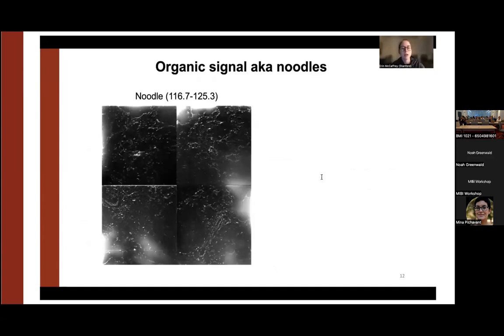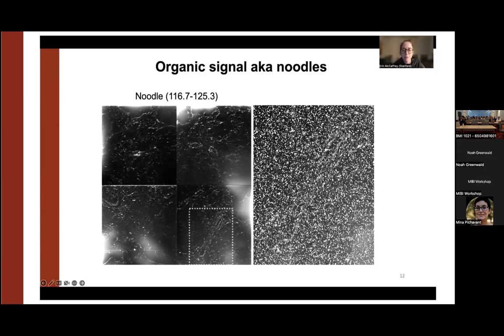This is because we see that in general, while most other sources of background signal in our MIBI-TOF data are consistent run to run or cohort to cohort, we can often see some variance occurring with the noodle channel. And so in order to remove this signal, we identified, while developing the Rosetta matrix, a mass channel between 117 to 125 that really picks up a nice representation of this organic signal.